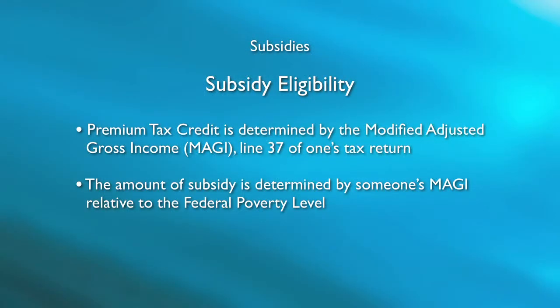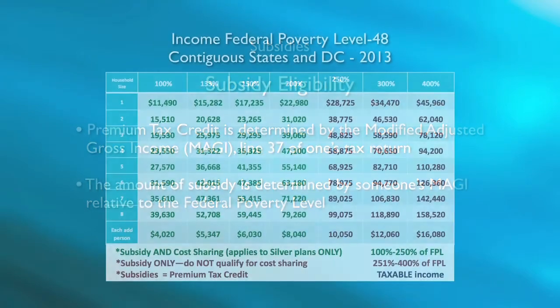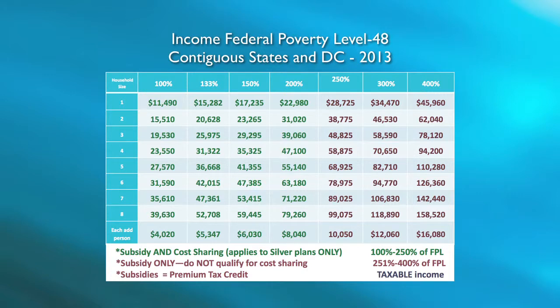The amount of subsidy is determined by someone's modified adjusted gross income relative to the federal poverty limit. Here you can see the federal poverty limit income amount table, but it's also easy to find through a Google search.